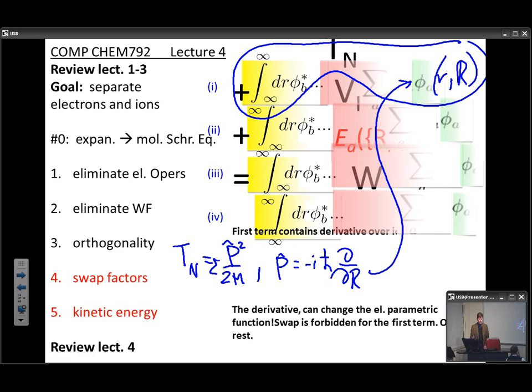So in all but the first, we will easily get a delta function as we originally decided. So we get rid of operators, and we get electronic wave functions, and we get numbers. For the first term, we need to commit additional effort.